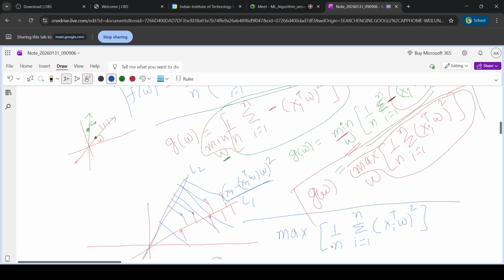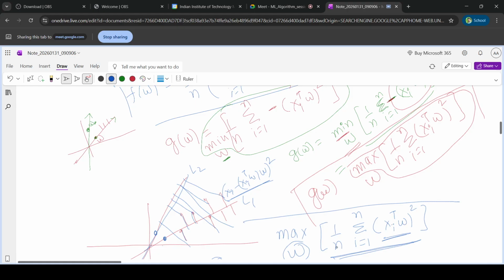But instead of calculating the proxies and deciding which of L1 and L2 I should take, I will just see this w. I want to take the w which increases the value of this equation, xi transpose w square.